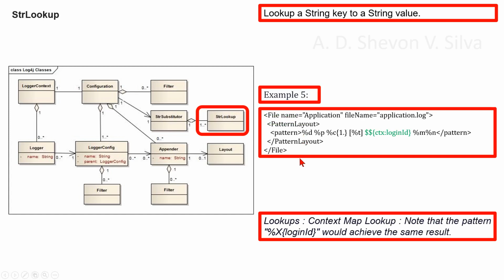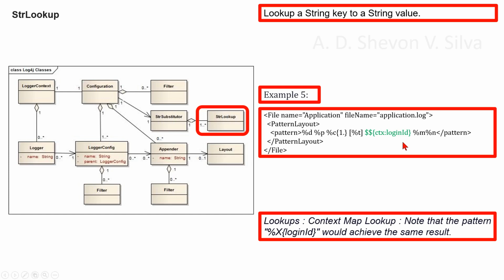Now we are considering context map lookup in lookups. Note that the pattern here with $ x loginId would achieve the same result as here.